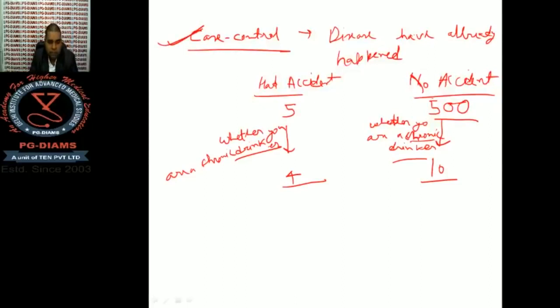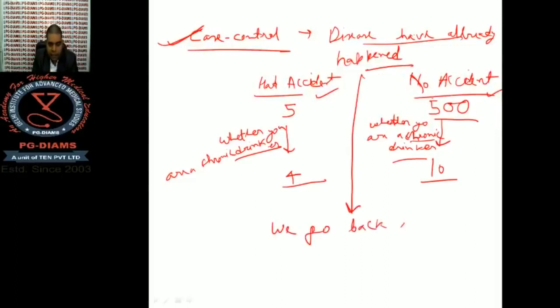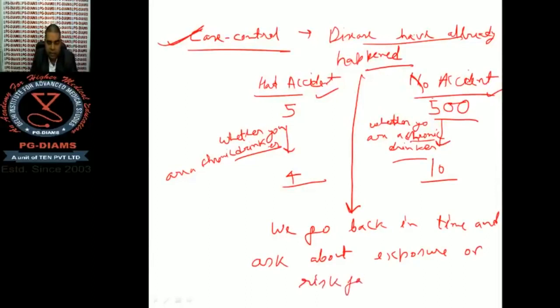Why? Because the disease has already happened, the accident has already happened, and we go back in time and ask about exposure, that is, how the disease happened, the exposure or risk factors for that disease.